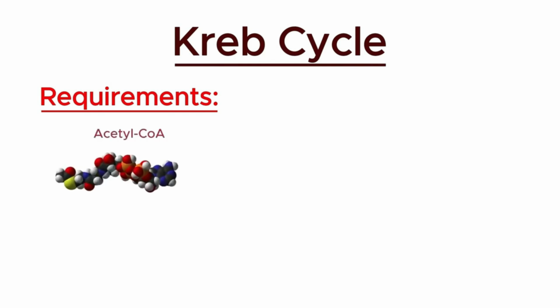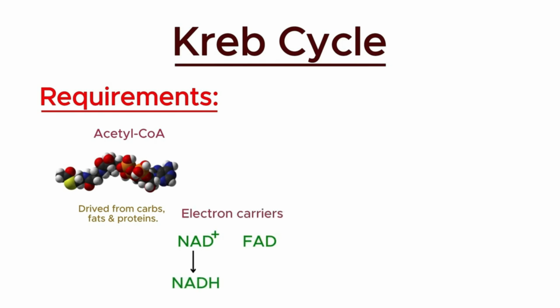Before proceeding to the steps of the Krebs cycle, let's see what is required for the process. Acetyl-CoA, derived from the metabolism of carbohydrates, fats, and proteins, is essential. We also need NAD and FAD, which are electron carriers that get reduced to NADH and FADH2.